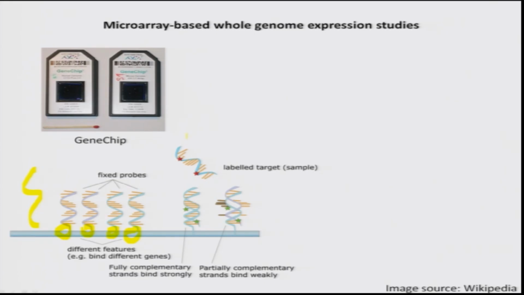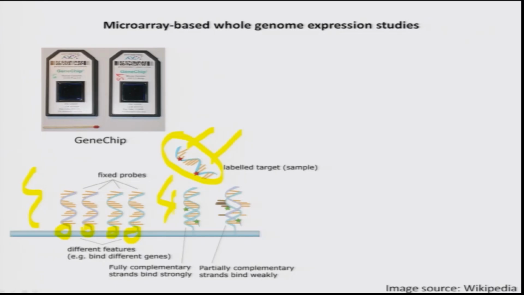So you have now the complementary sequence, which possibly represents your RNA or DNA, we will discuss a little later, which is again labeled, meaning you have incorporated some label by which you are able to measure whether there is any duplex, right. So such labeled complementary sequence will come and bind if there is perfect homology, right.